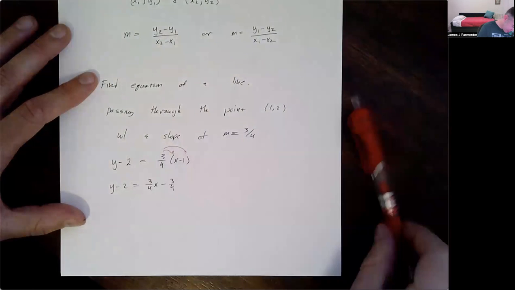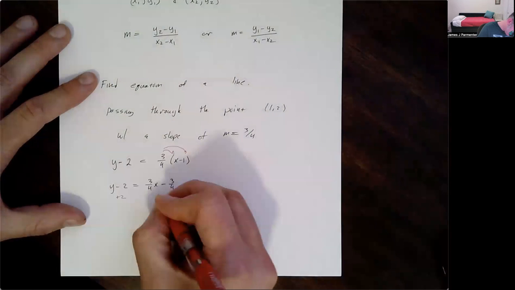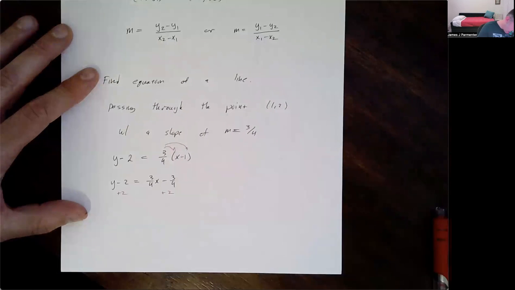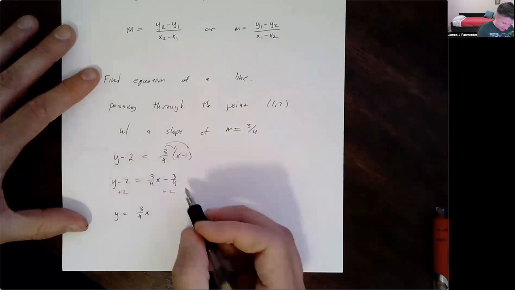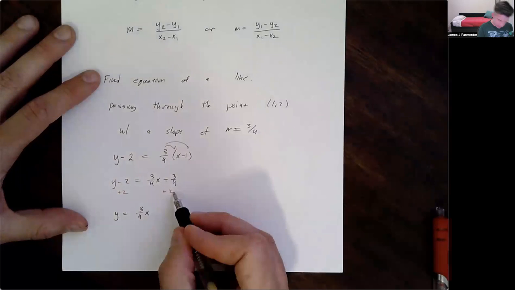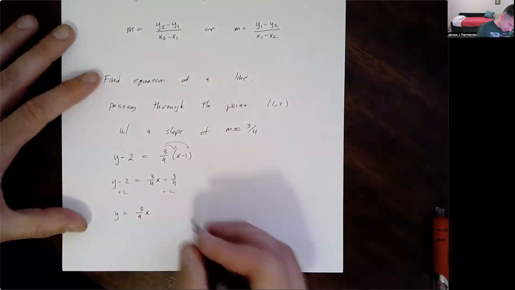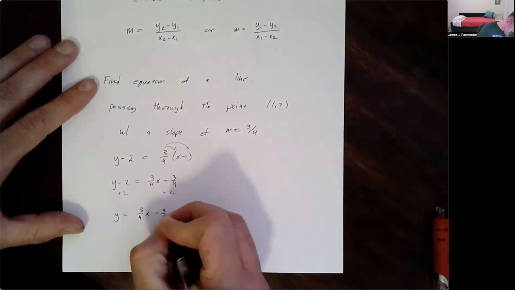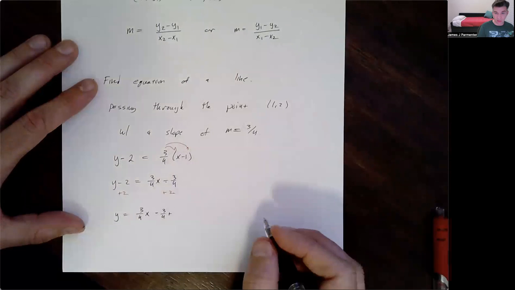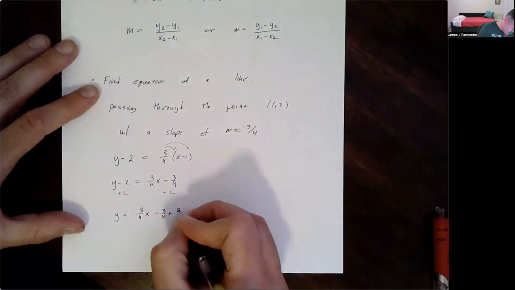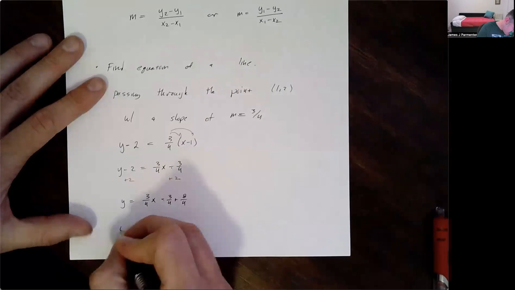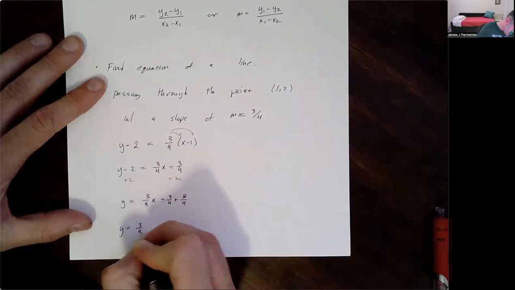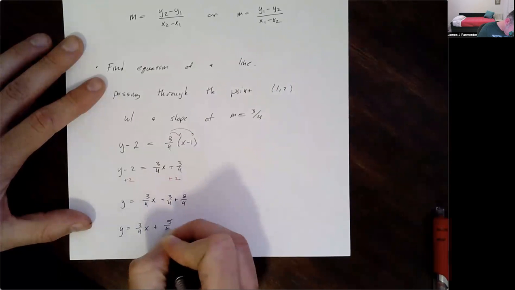And I'm going to add 2 to both sides. I'm going to get y equal to 3/4 x, negative 3/4 plus 2. I'm going to get a common denominator. 2 is the same as 8/4. And then negative 3 plus 8 is 5. So this ends up becoming y equals 3/4 x plus 5/4.